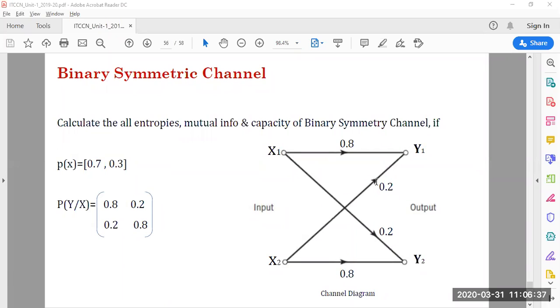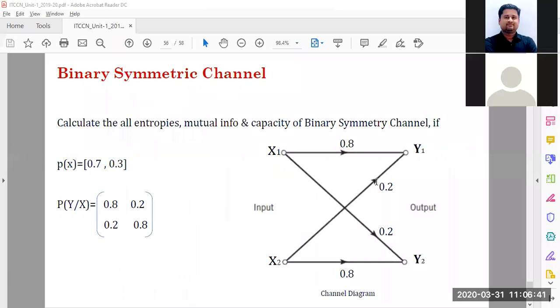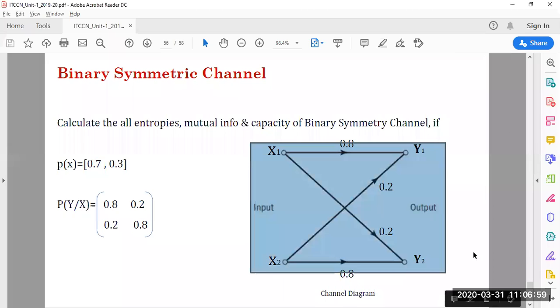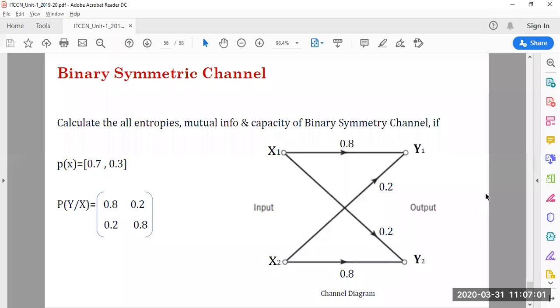The question is, calculate all the entropies, then mutual information, and capacity of binary symmetric channel if p of x is 0.7 and 0.3. I think you can see the slide. Just write down the example. Now I have drawn the channel diagram for the given values of p of y by x.